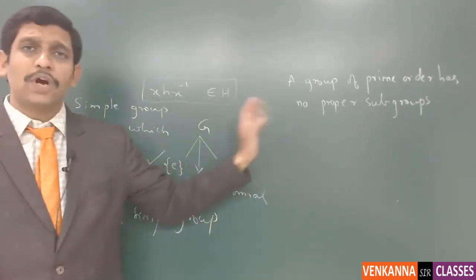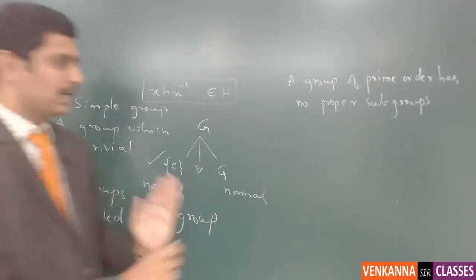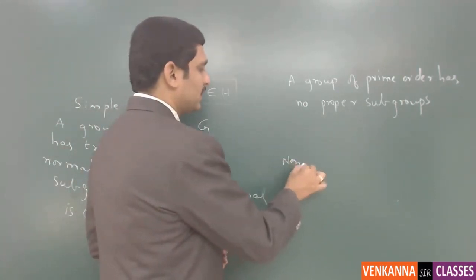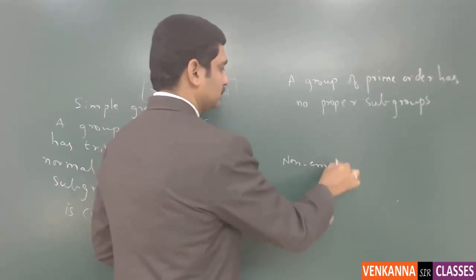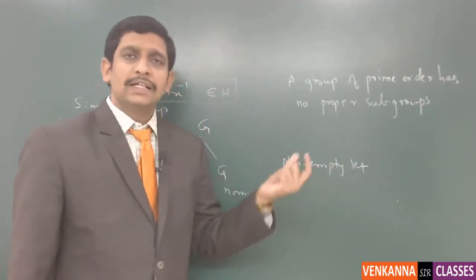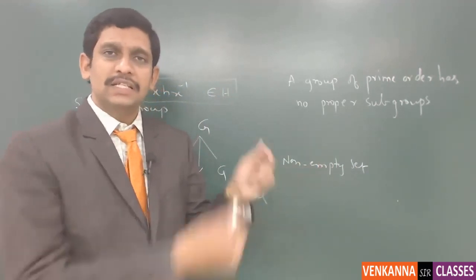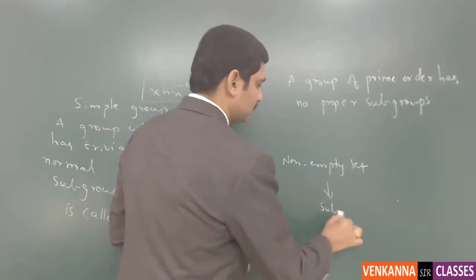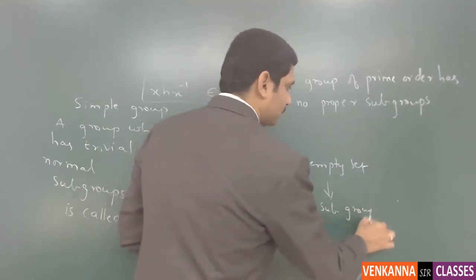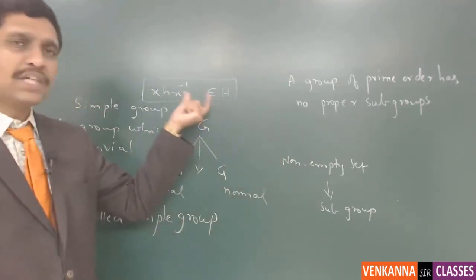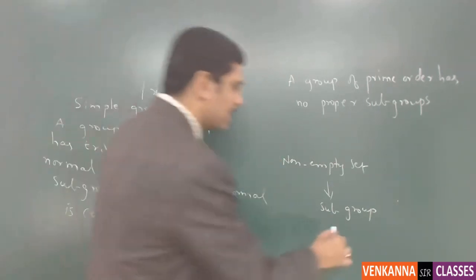So from this point, what you can say, please understand. First we take a non-empty set. A non-empty set satisfying some conditions will become a subgroup. A subgroup satisfying the additional property will become a normal subgroup.